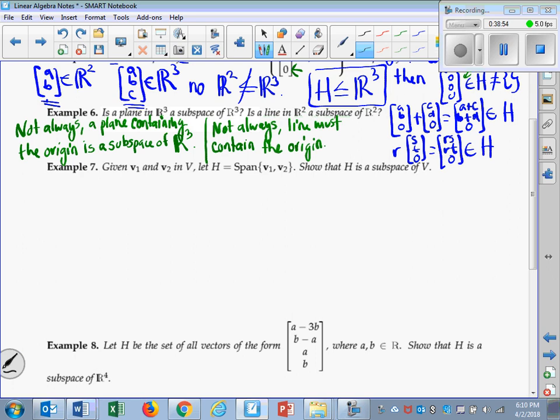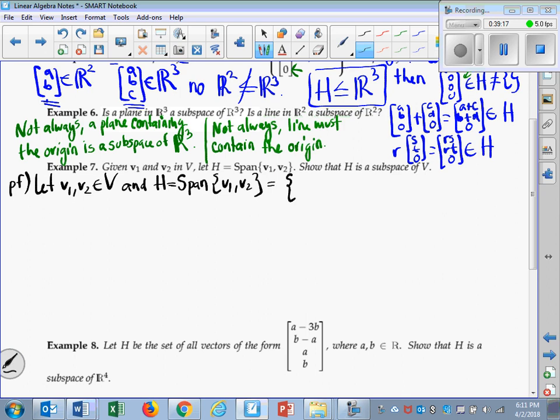So I'm going to write a little proof here. We'll say let v1 and v2 be inside of V. They technically said that for us, but I'm going to restate it just to be clear. And then we'll say let H equal the span of these two vectors, v1 and v2.